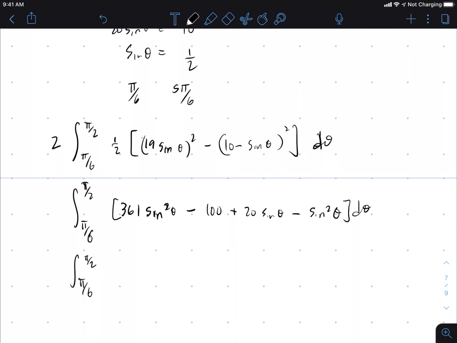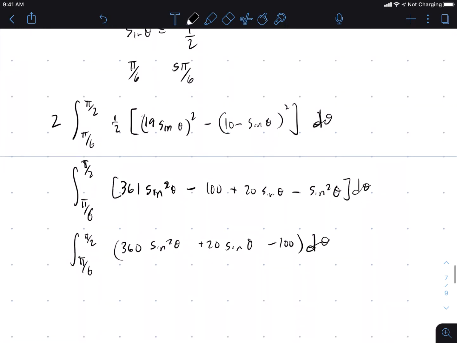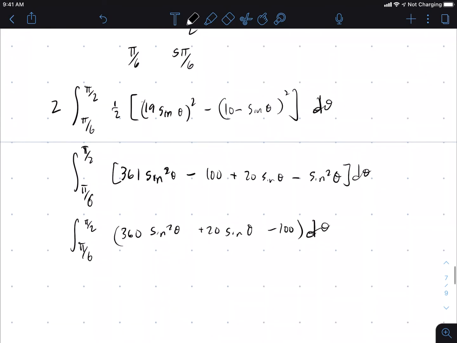And then 360 sine squared theta plus 20 sine theta minus 100. I can pull a 10 out of everything, right? I want to deal with smaller numbers.